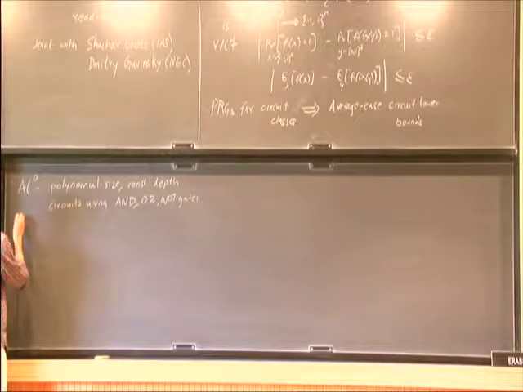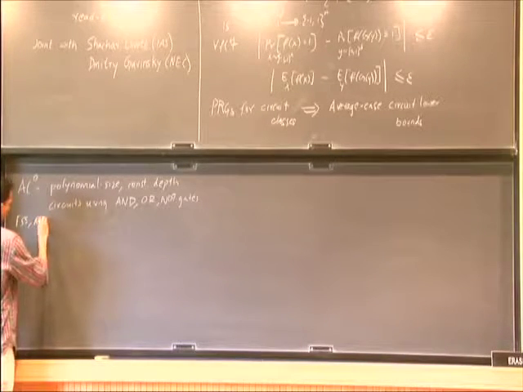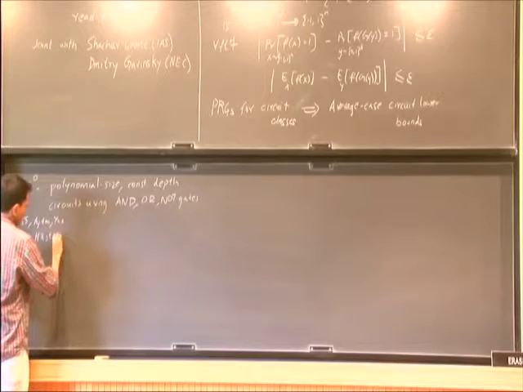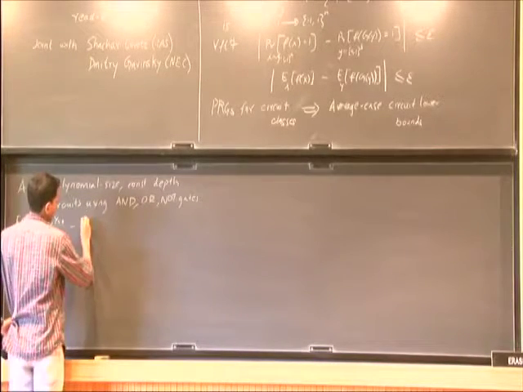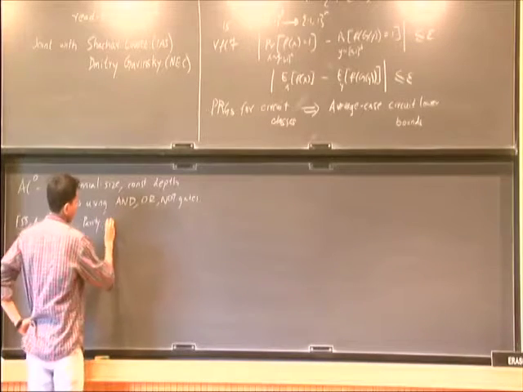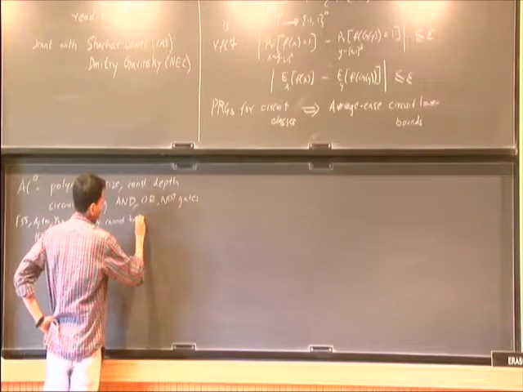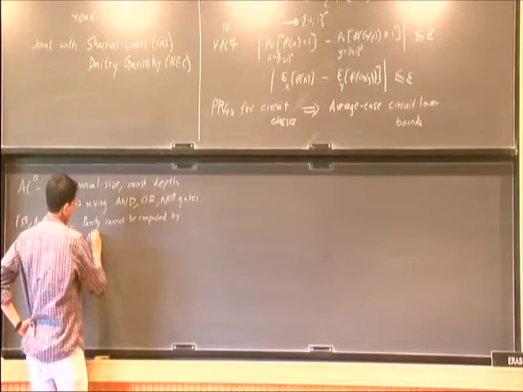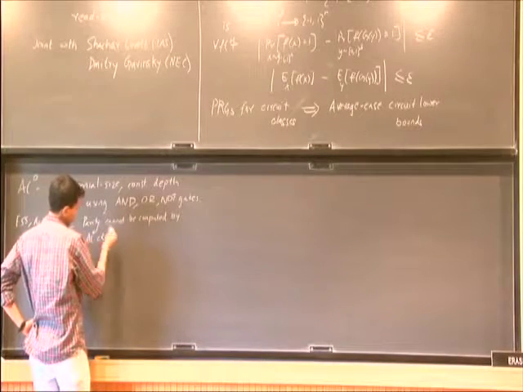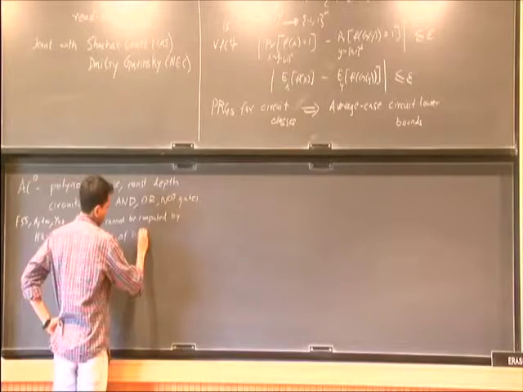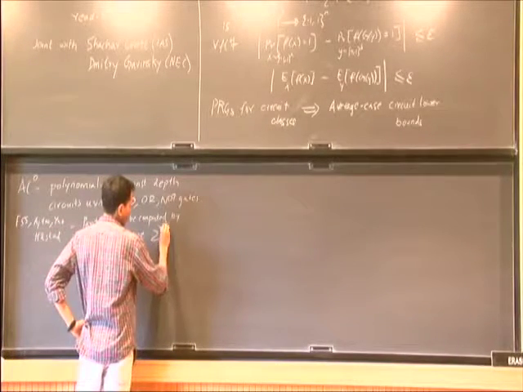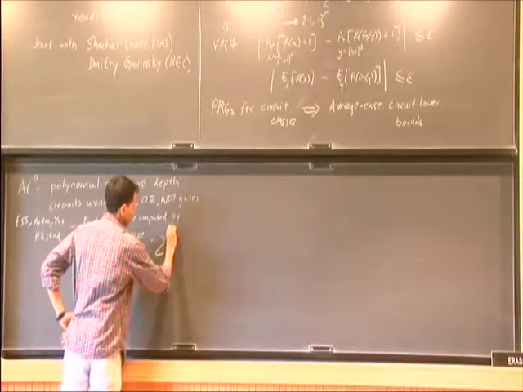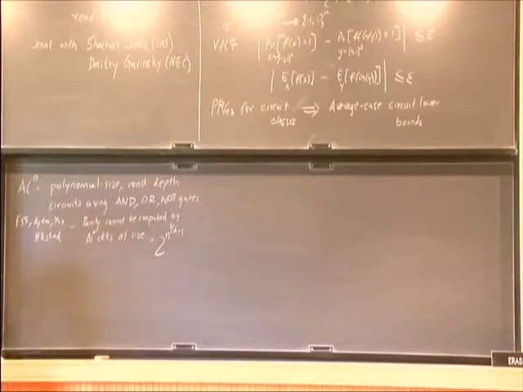Building on work of first Furst-Saxe-Sipser, Ajtai, Yao, and finally the work of Håstad, we know that the parity function cannot be computed by AC0 circuits of size, I'm going to abuse notation here, exp(n^(1/(d-1))) and depth d.